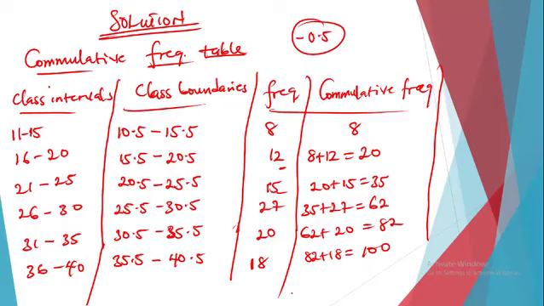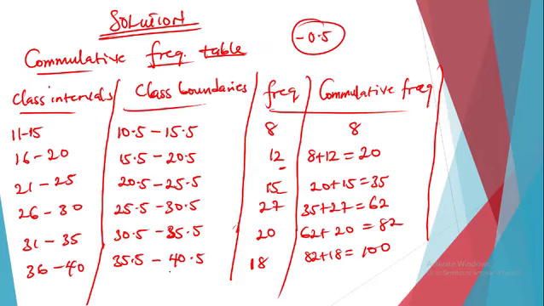Now in plotting the graph, we have this. Here is our x-axis, and here is our y-axis. For plotting, what we use is the cumulative frequency and the class boundaries.